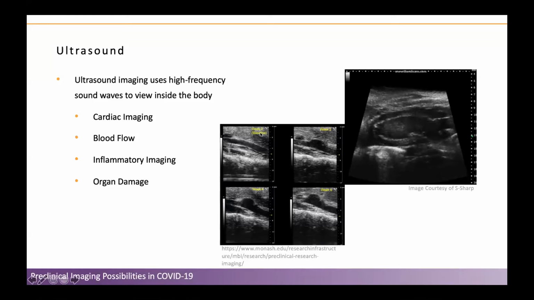But one really interesting application that ultrasound could be used for, and we show an example here, is tracking of abnormalities in the vasculature. So this is an example of using ultrasound to track the formation of an angiotensin II induced abdominal aortic aneurysm.